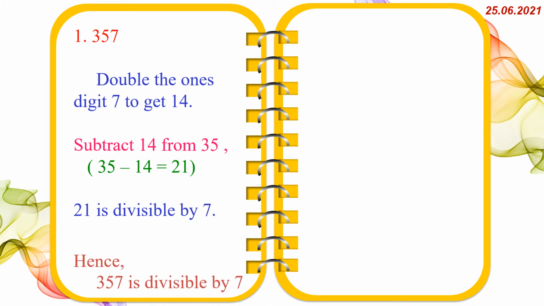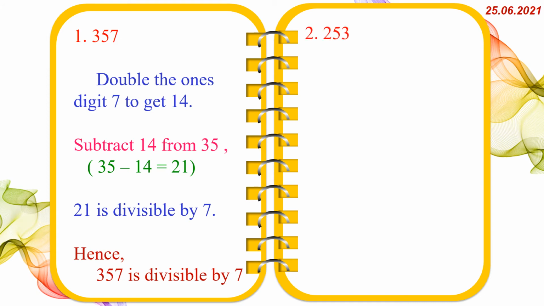Let us see the next example. The given number is 253. First, double the ones digit. Double the ones digit 3 to get 6. The remaining number is 25.